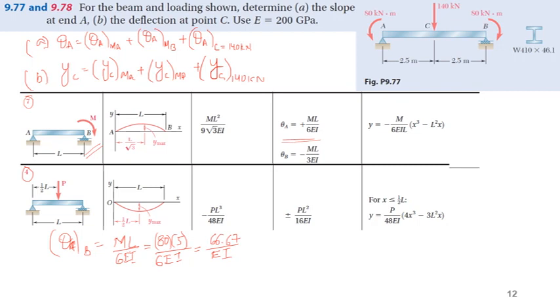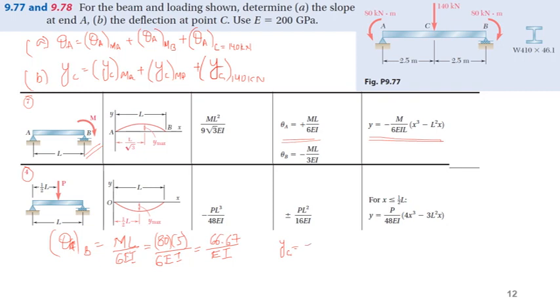Okay. Now, deflection at C. So that is the maximum. Now in this equation, we will put x equal to 2.5 and L equal to 5.